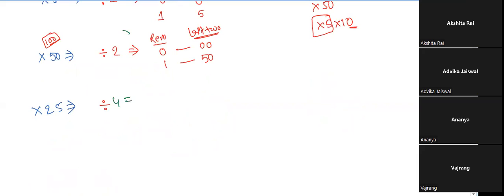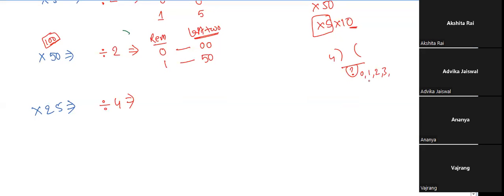And tell me, what are the remainder possibilities when you divide the given number by 4? 0, 1, 2, 3.